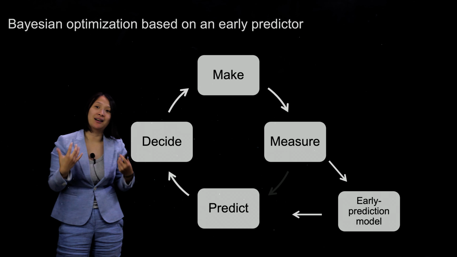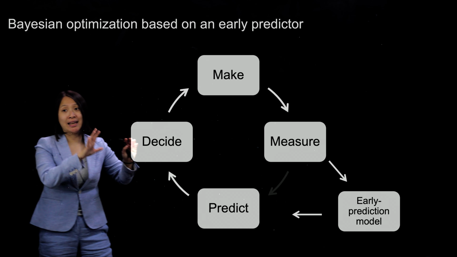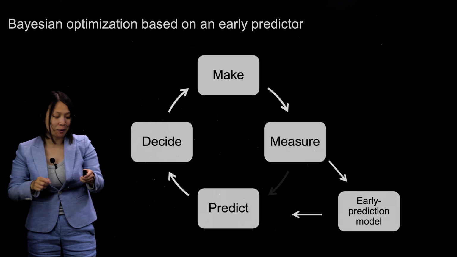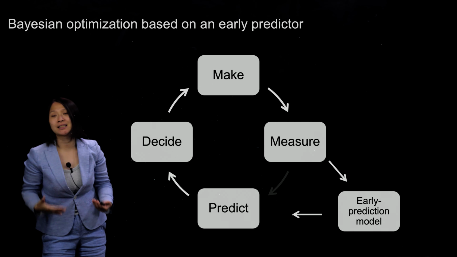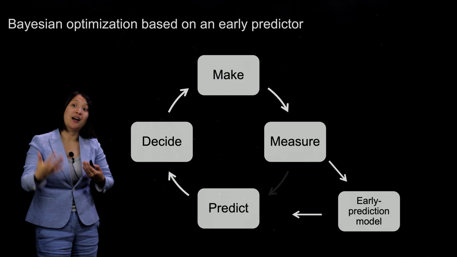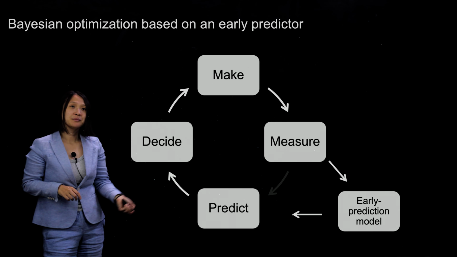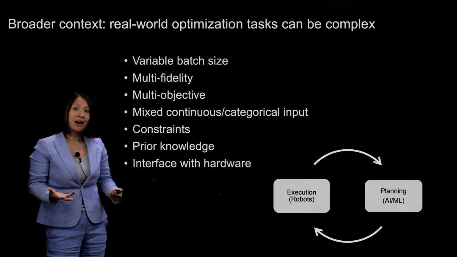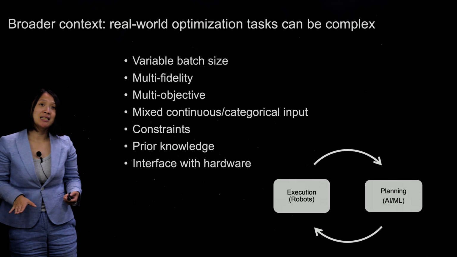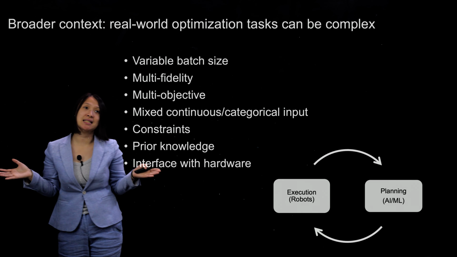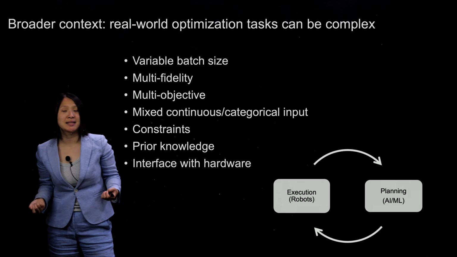So this is an example where again, we start to build extra components around our closed loop optimization strategies for it to account for the real life constraints and real life scenarios. So with these case studies, I want to bring everyone's attention to a broader context when it comes to real world optimization.